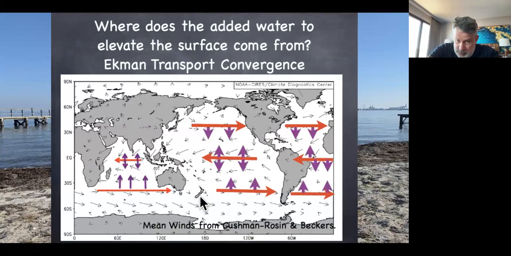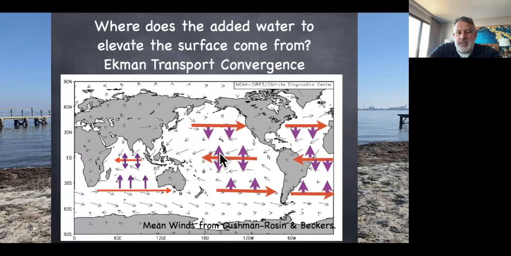Here are the Ekman transports they would induce in the surface ocean. You can see that the Ekman transports would tend to be in the north-south direction, even though the winds are in the east-west direction. That's exactly what we're saying: the Ekman transport is perpendicular to the wind direction.